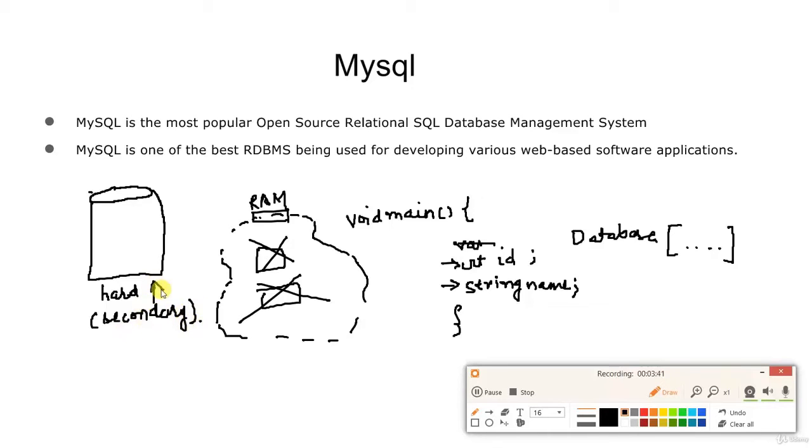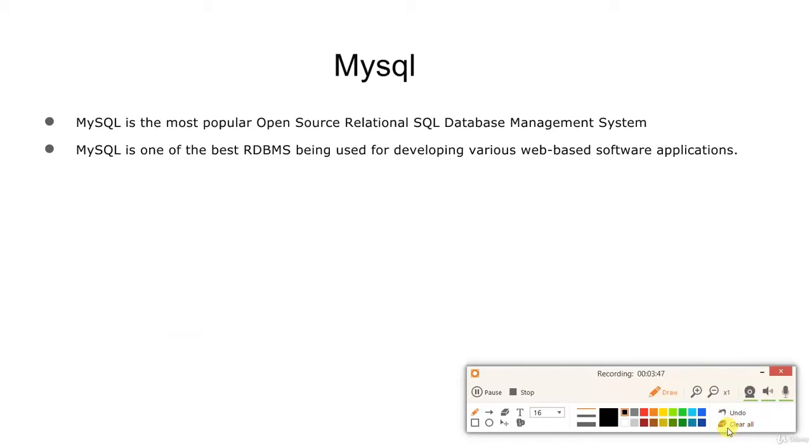We have seen that RAM is not a solution for saving data because it is temporary. But hard disk can be used for saving data. Now I can save data in my secondary storage in the form of files. Files can also save some kind of data.